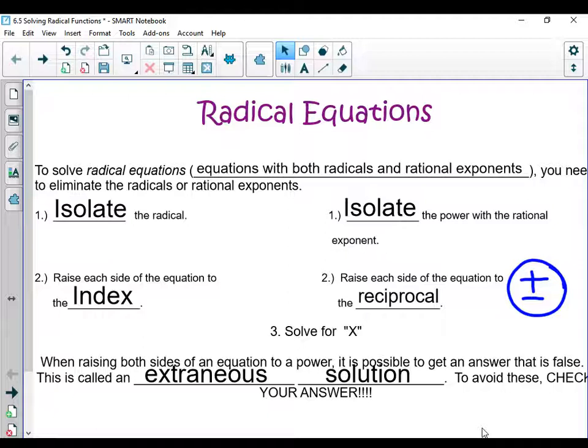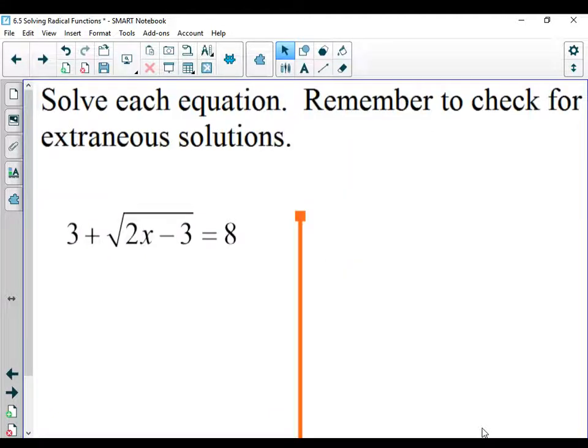Okay, so let's look at our first example. Okay, so is my radical by itself? No, what's in the way? The 3. How do we get rid of the 3? Subtract it from both sides.